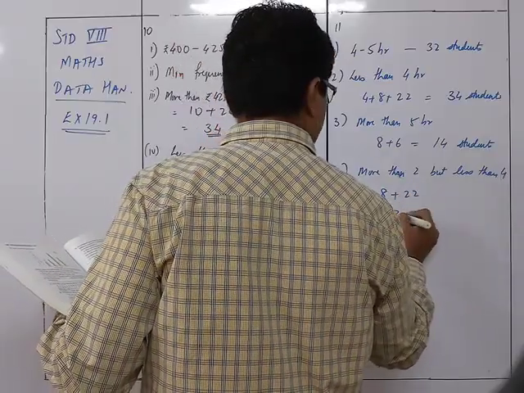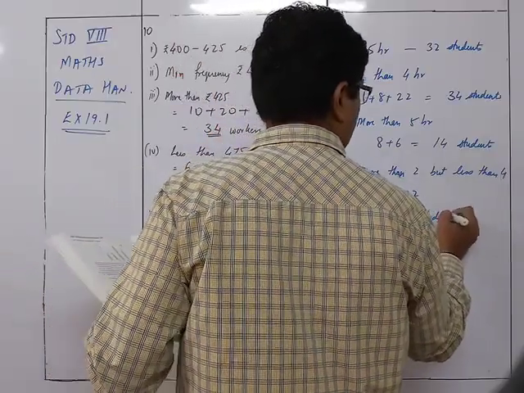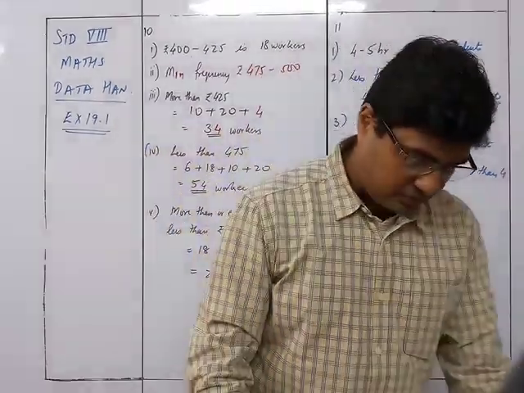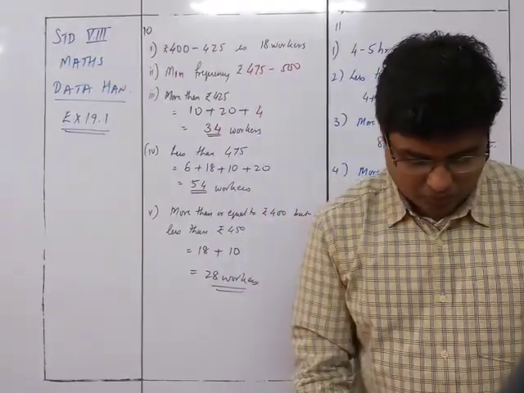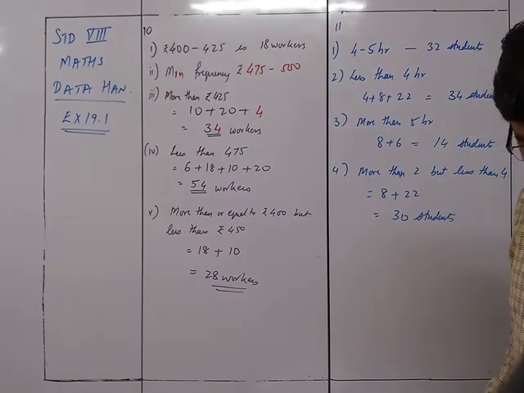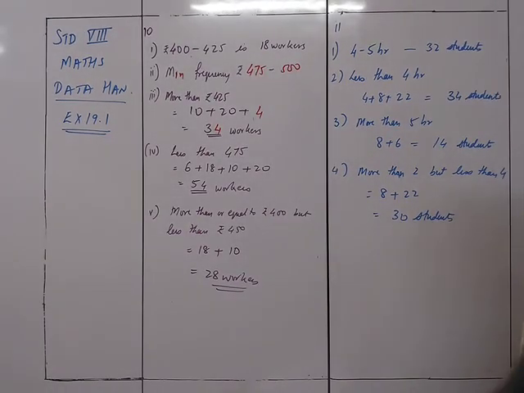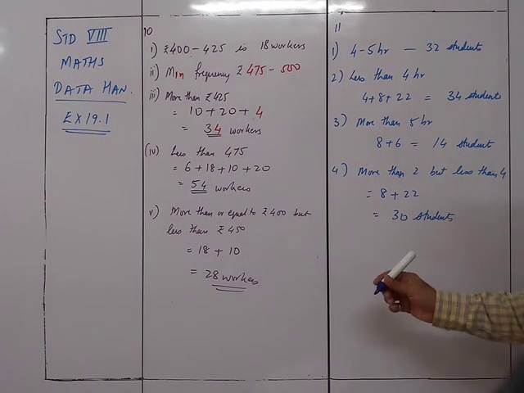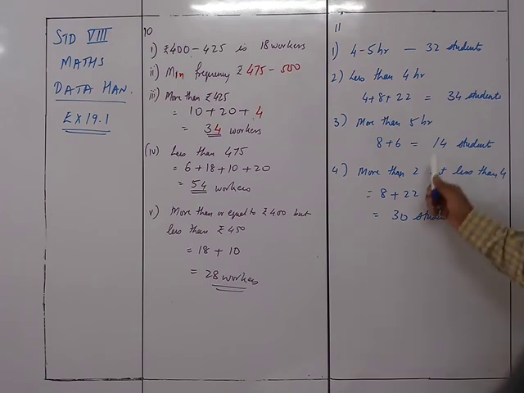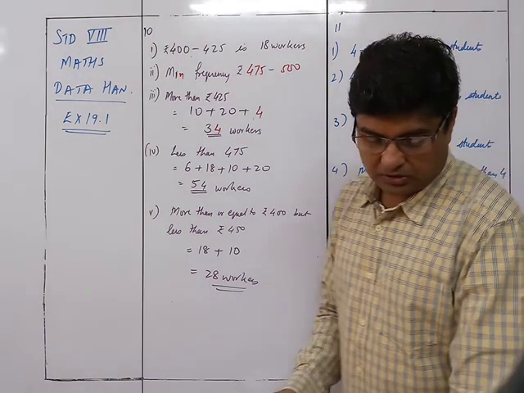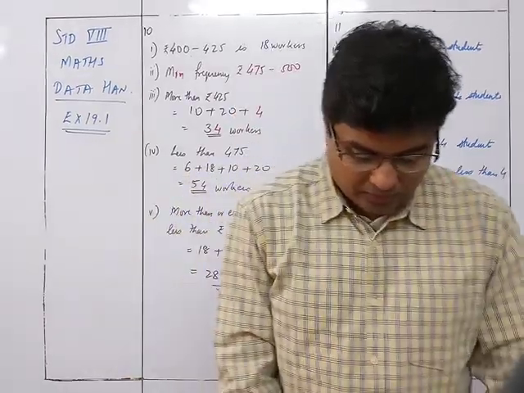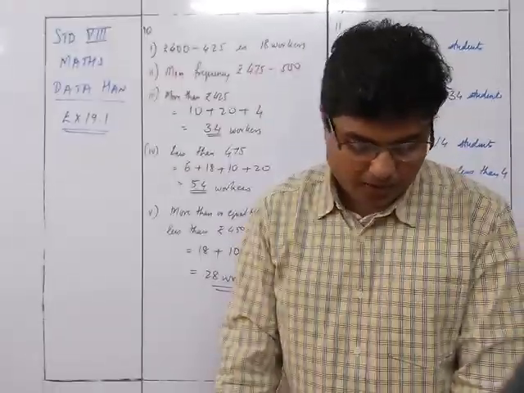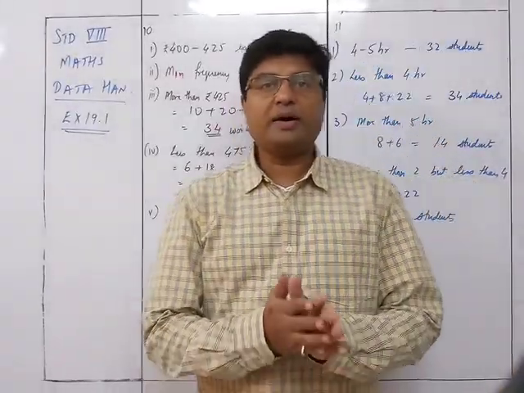So it will be 30 students. Let's check up the answers. So the last one, the answers are given as 4 to 5, yeah, 34, yes, 14 and 30. That was the end of the first exercise, 19.1. We move to the next part in the next video.